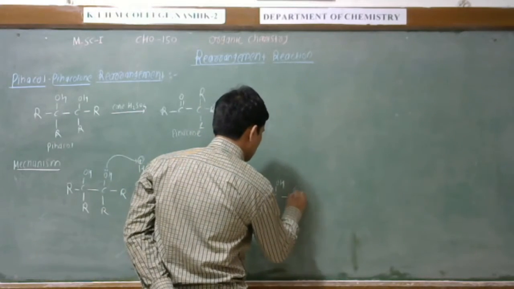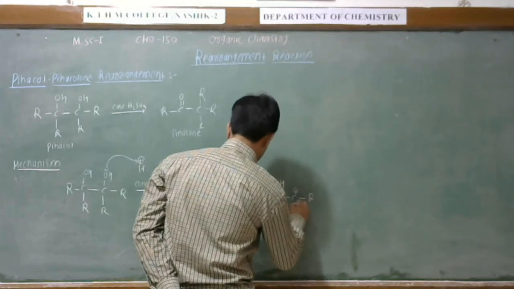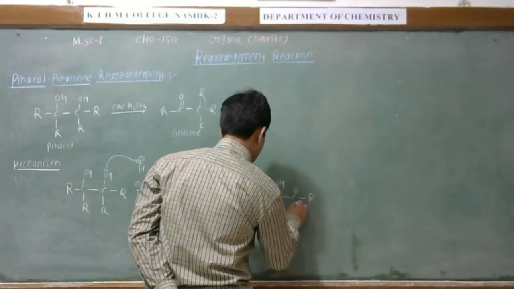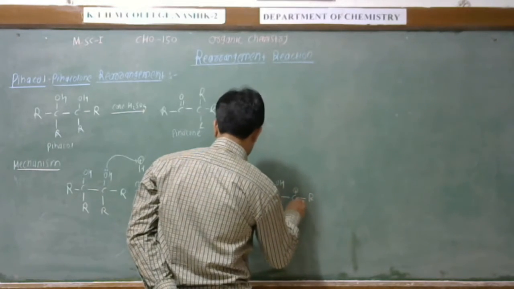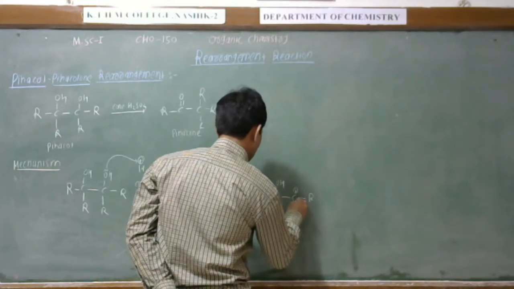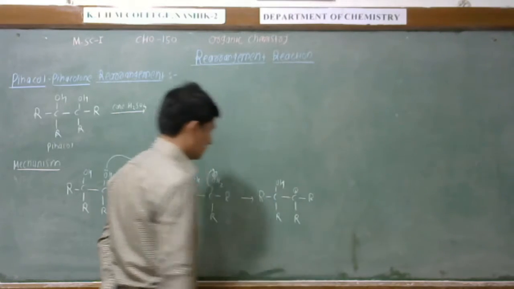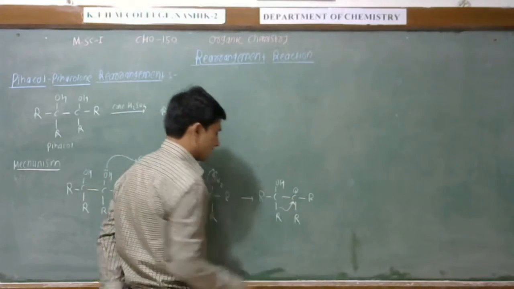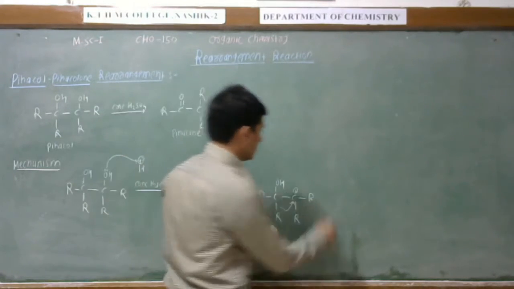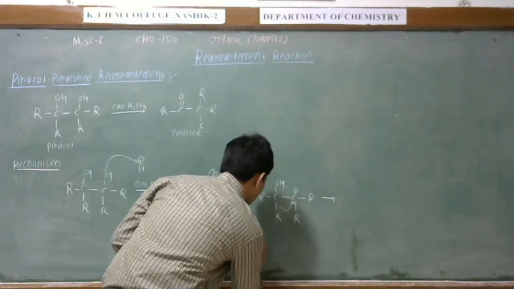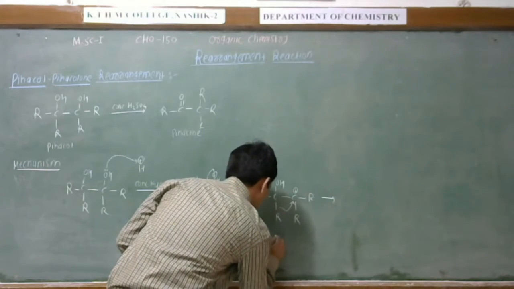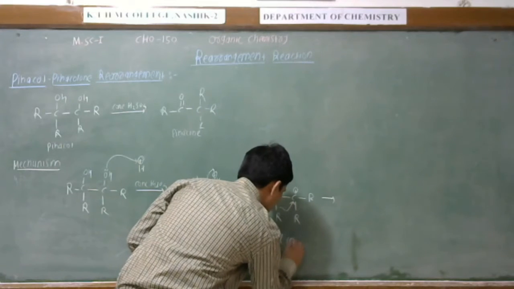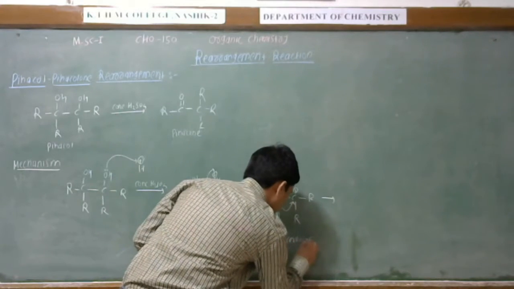This classical carbocation will then be converted to the non-classical carbocation when this R shifts here. See, this is the classical carbocation.